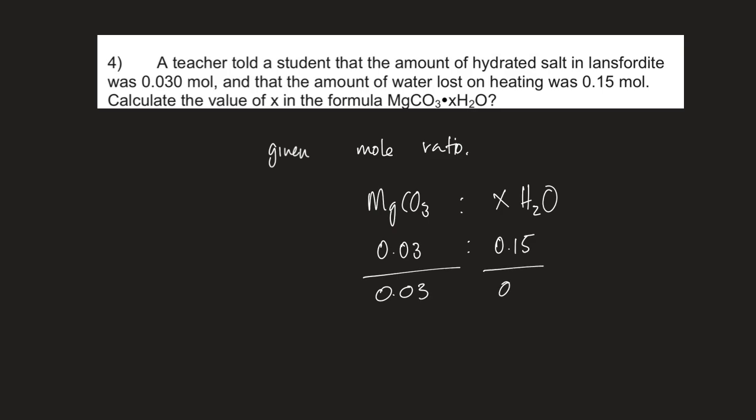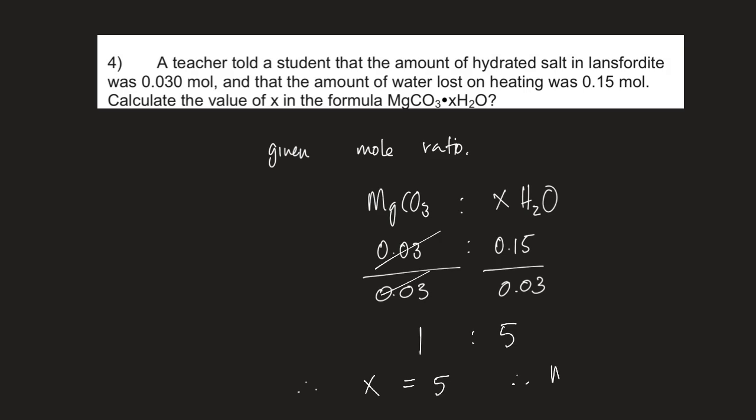So 0.15 divided by 0.03. They've already given you this mole ratio. So this is going to be 1, and 0.15 divided by 0.03 is going to give you 5. So therefore, there are 5 times more water than MgCO3. So X is then equal to 5.